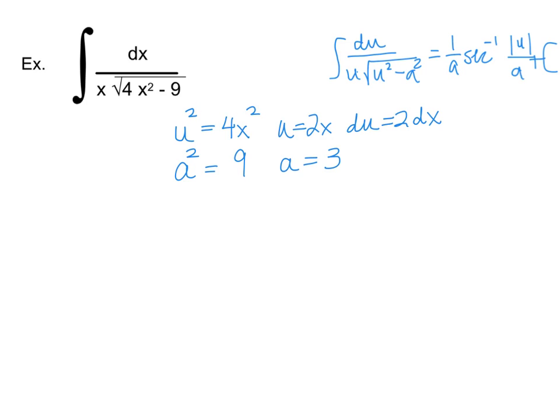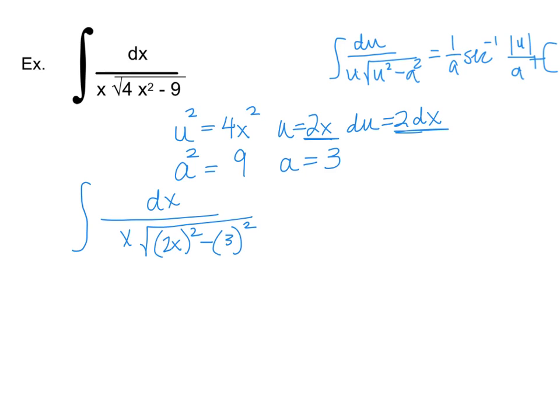I notice that I do not have either u. I don't have u and I don't have du. So I can't quite finish this until I do something to it mathematically. So I'm just going to rewrite this problem just a little bit. So I've got dx, and then I have an x, and then I'm going to rewrite this as 2x squared minus 3 squared.